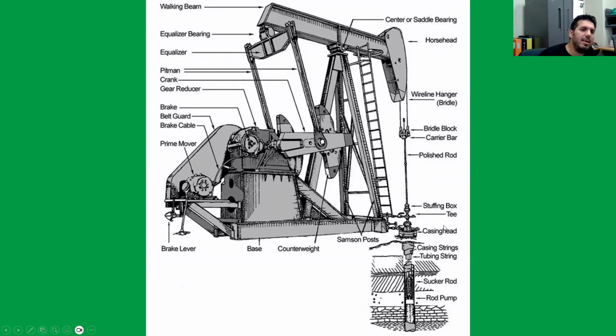Stuffing box, tee, casing head, casing string, sucker rod, rod pump, and so on and so forth. Polished rod, center of saddle, bearing, etc. Some of them are details. You don't really need them. Rod pump, they really mean the downhole pump, actually.